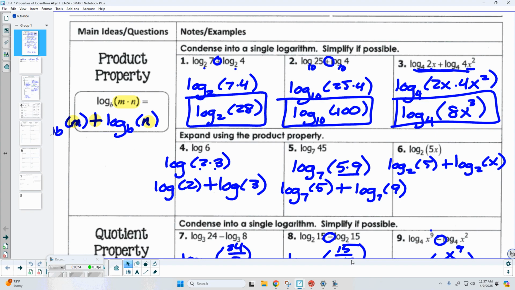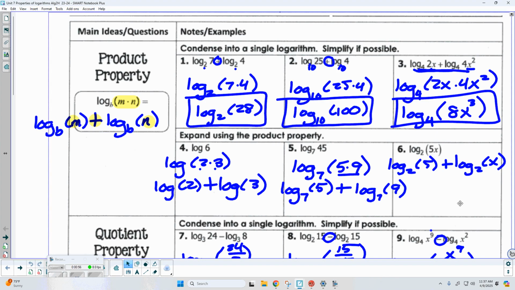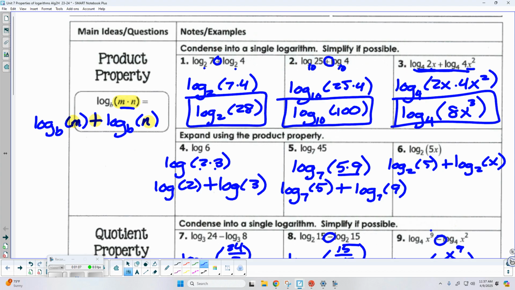Okay, so let's take a look. This is the set of notes we've been looking at for the past couple of days. We started introducing properties of logarithms. The product property says that if I'm multiplying items in the argument, now remember when I say argument, we're talking about the parentheses of the log, I can take those individual terms and separate them through addition.